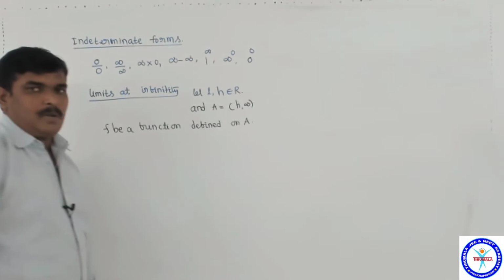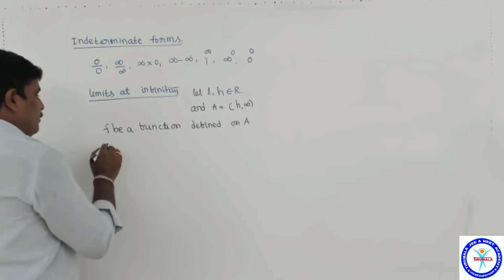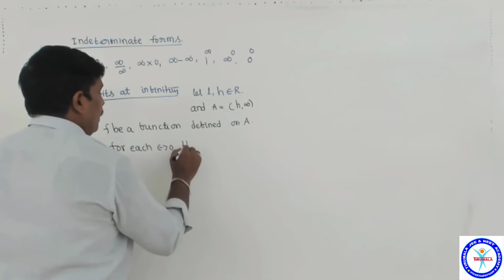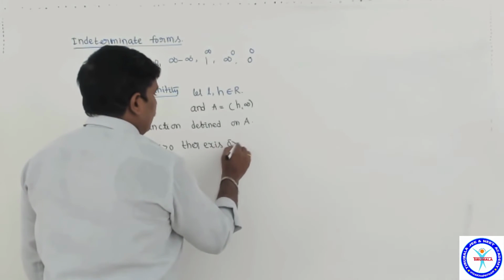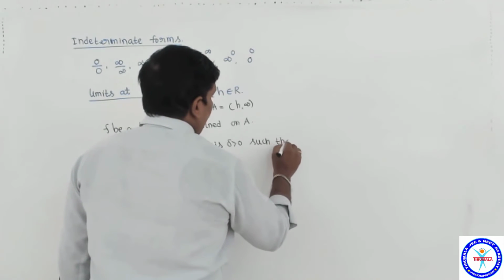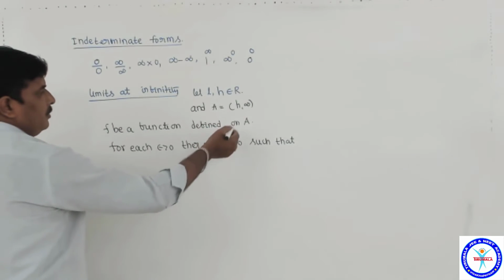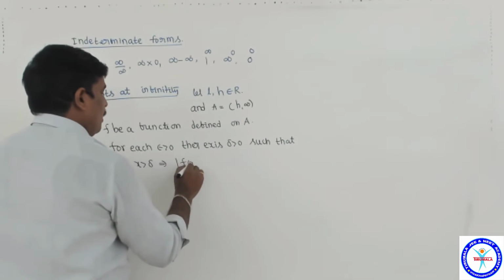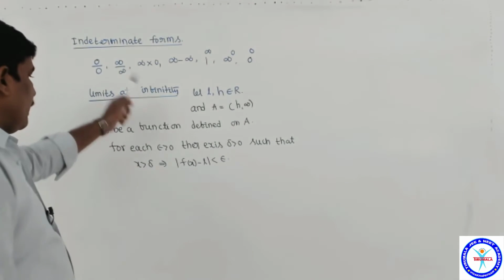For each epsilon greater than 0, there exists delta greater than 0 such that when x greater than delta, it implies modulus of f of x minus L is less than epsilon. Limits at infinity.